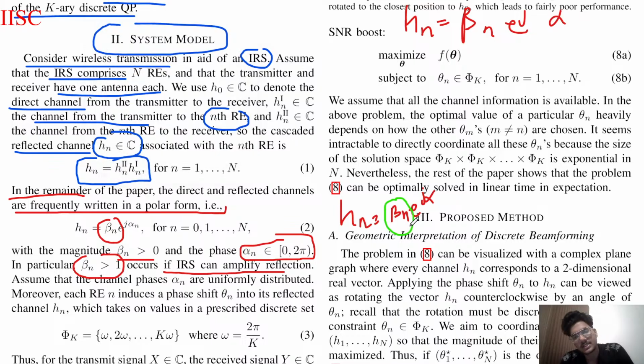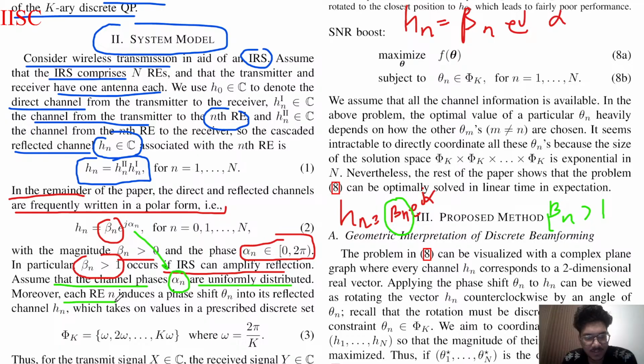This beta is known as the magnitude that is simply greater than 0. If beta n is greater than 1, it occurs only when the IRS can amplify the reflection. Assume that the channel phase alpha n is uniformly distributed.